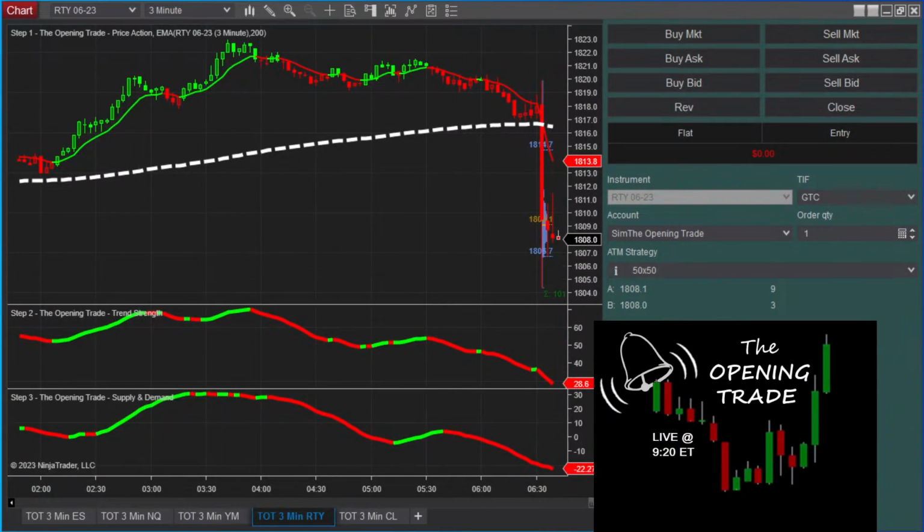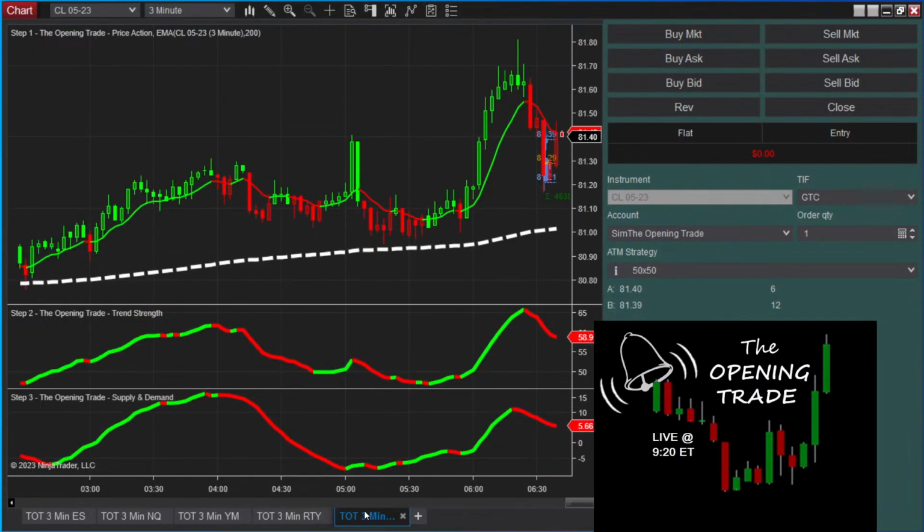67%. Okay, so we did not see an automated trade fire off on the Russell. This is not surprising considering it's pulling away from the 200 period EMA, and we wanted to get as far away from the 200 period EMA as possible before taking any trades.